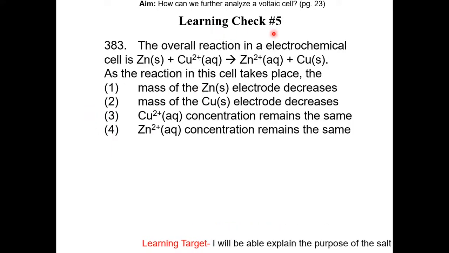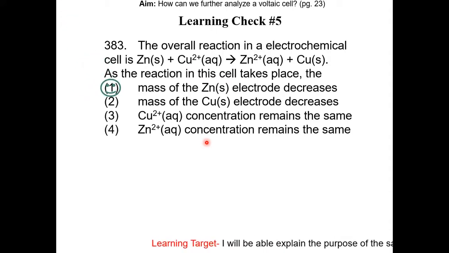Learning check number 5. Given the overall reaction, as the reaction in this cell takes place, what happens? Pause the video, resume when completed. In this reaction, zinc is being oxidized, so it is the anode. Copper is being reduced, so it is the cathode. Over time, the anode loses mass, so the answer is choice 1.